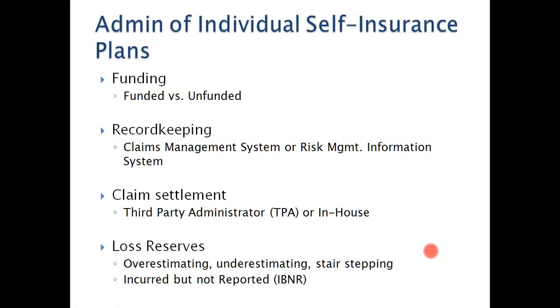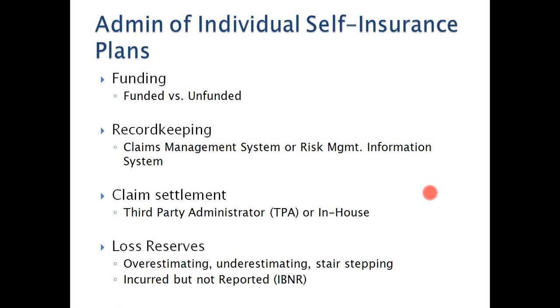You also have the issue of underestimating, which means you don't have enough money, which means you have to collect more, which goes into stair stepping. So what is stair stepping?